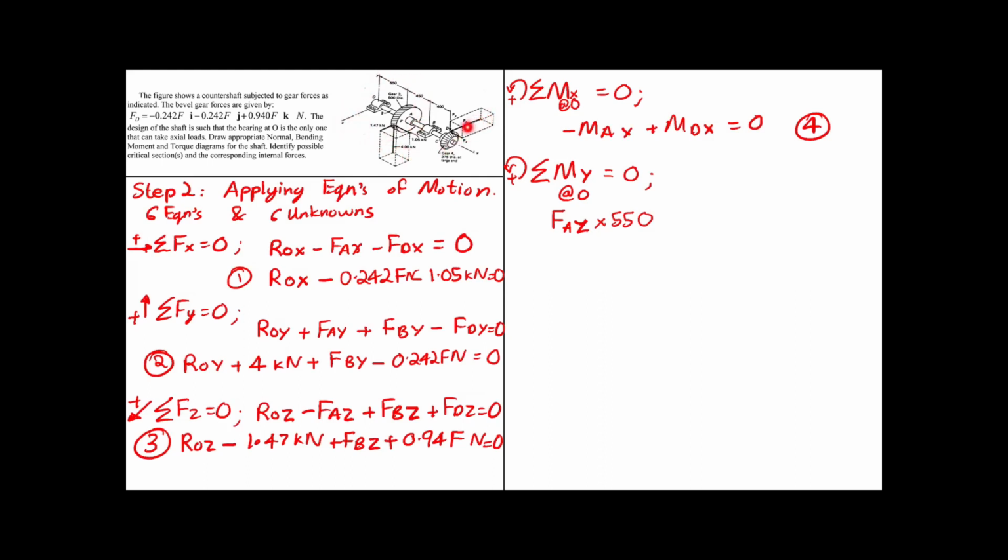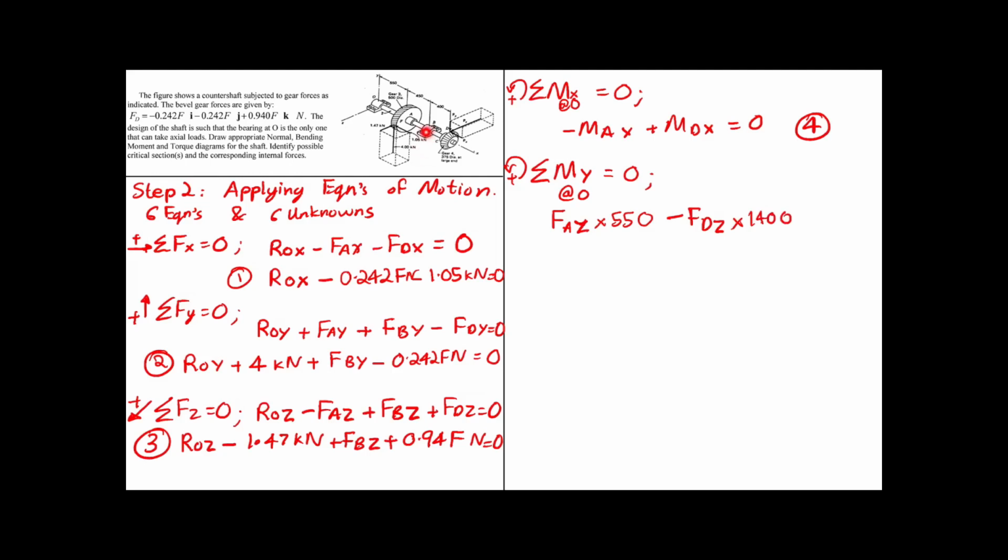Yes, and even the FDZ will cause a moment about O. So FAZ is going to be counterclockwise, so it is positive, while FDZ is going to be clockwise, so it will be negative. So minus FDZ times the total distance, which is 1400.